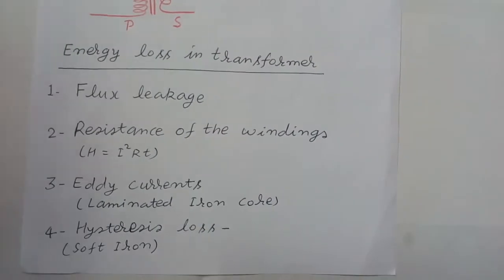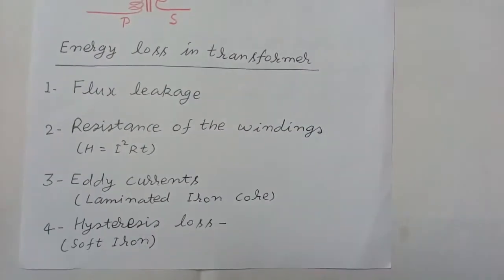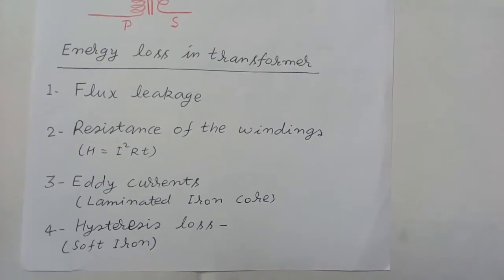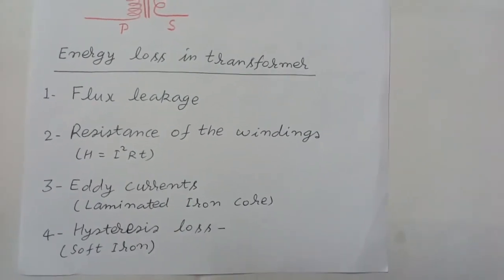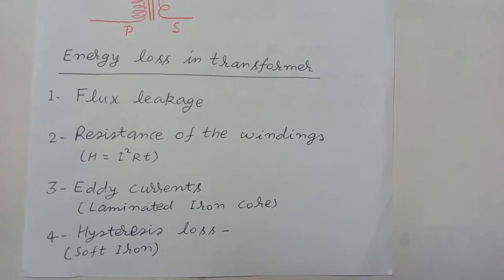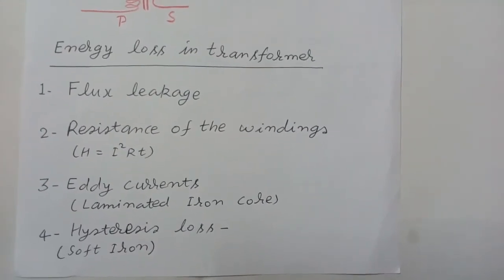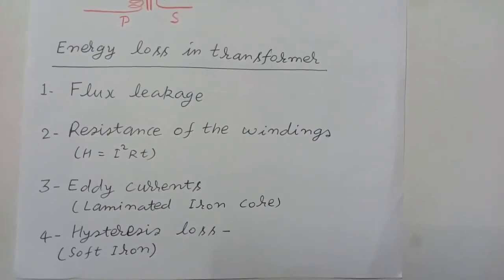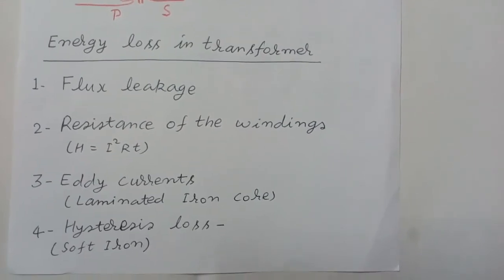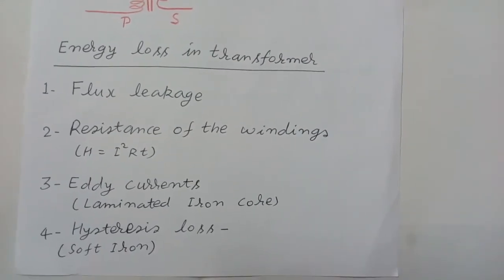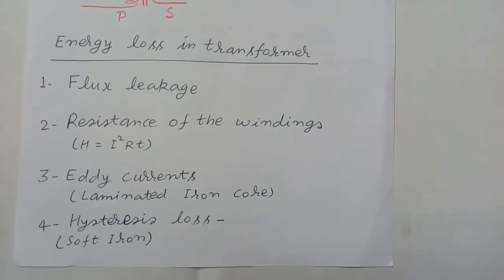Eddy currents are also produced since magnetic flux is changing. So in the iron core, eddy currents are produced. This is the reason why we take a laminated iron core. This reduces the amount of eddy currents. And the fourth one is hysteresis loss.